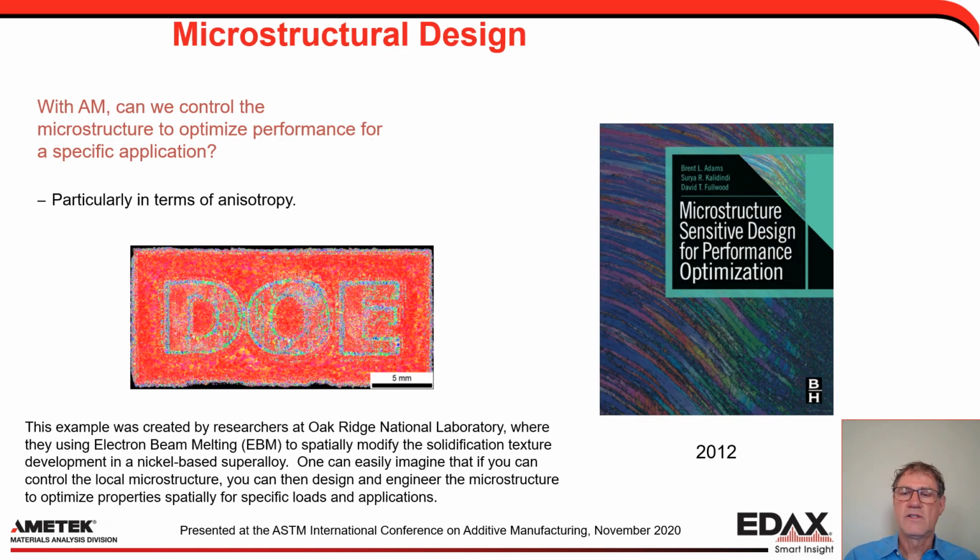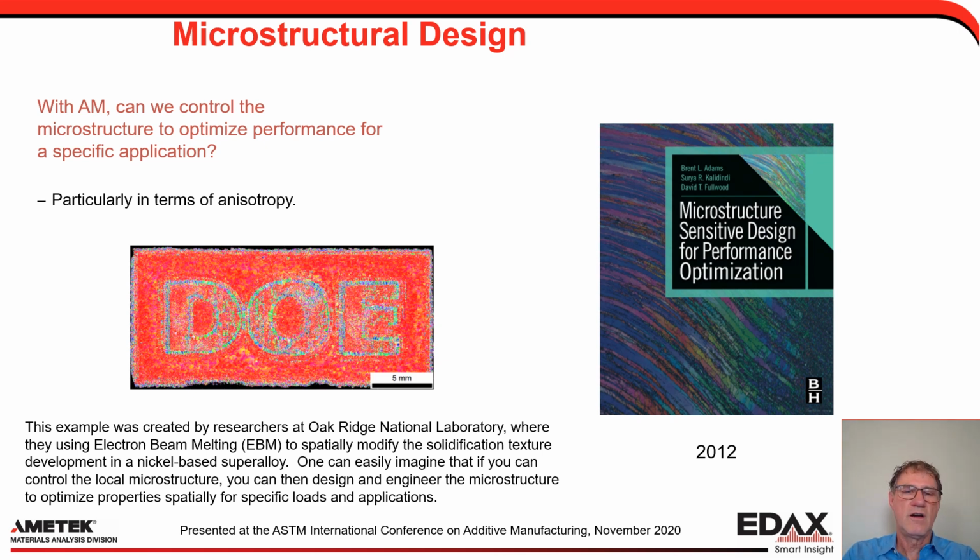So can we use this to our advantage? Having been a student of Brent Adams, he was always very interested in microstructure sensitive design for optimizing performance, particularly in terms of anisotropy. And with additive manufacturing, we can do things we could never do before. Here's a great example from Oak Ridge National Lab, where they changed the processing to write out the letters DOE.